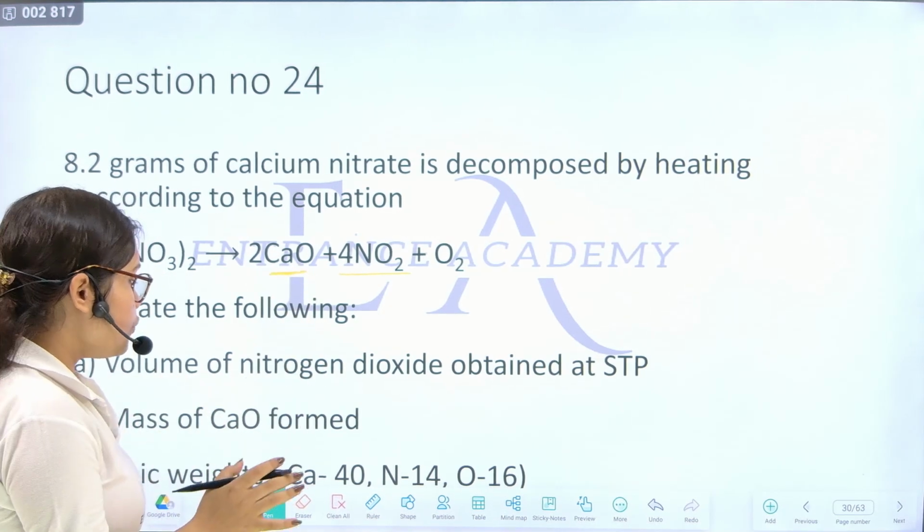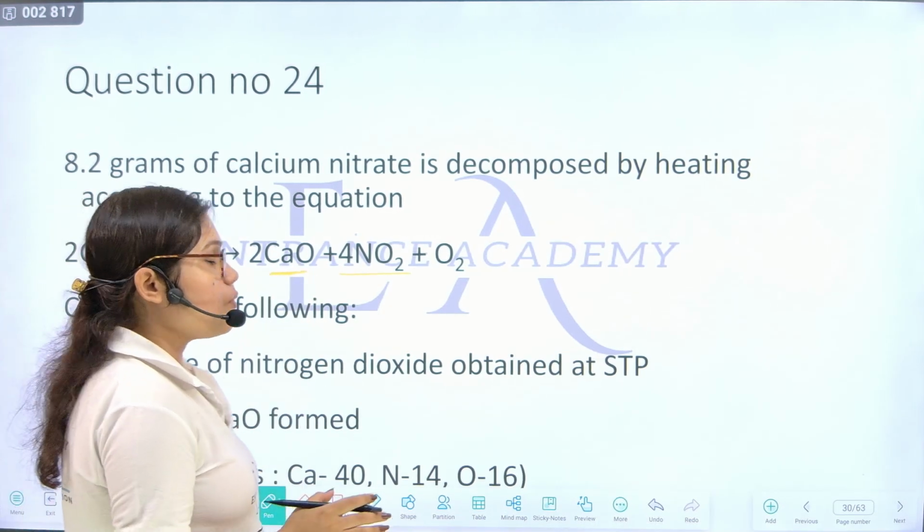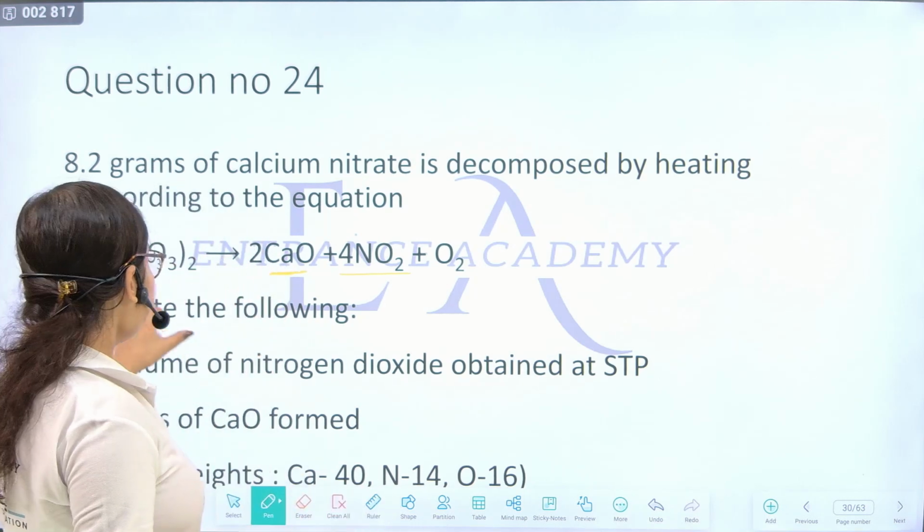Now you have to calculate the molecular weight of these compounds. Firstly, calcium nitrate.